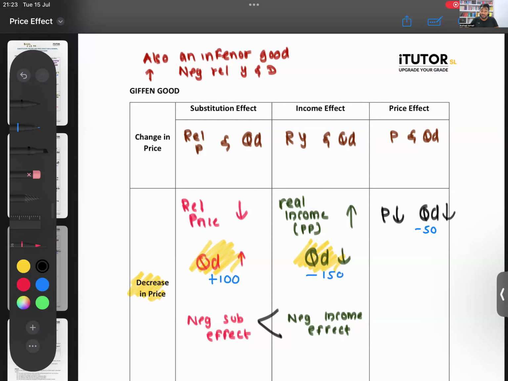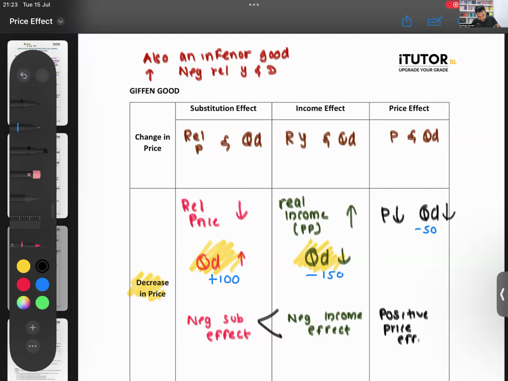What can you tell about the price effect? Positive or negative? The price effect is positive. Price is reducing, QD is also reducing. Positive price effect. Now, can you tell me, does this comply with the law of demand?